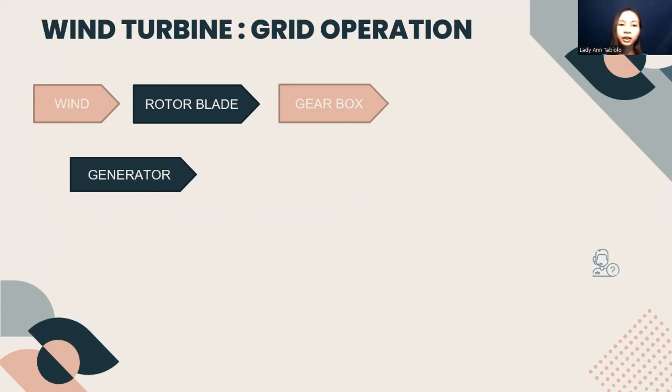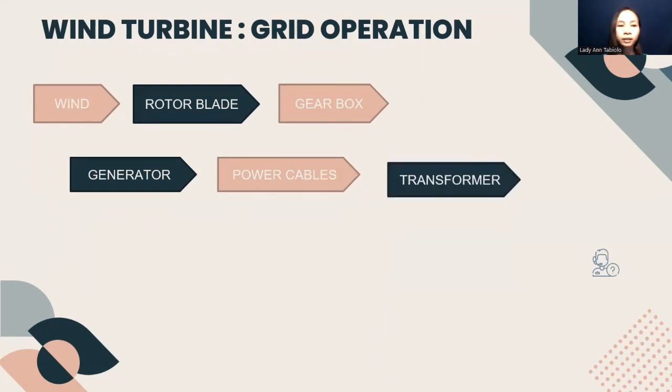Nagkakaroon din siya ng air pressure differential. And then from generator, pupunta naman siya sa power cables inside the tower. And then goes to transformer. And then from transformer, wind farming uses a step-up transformer to increase the voltage at tapos pabababain niya yung current para mabawasan yung power loss.